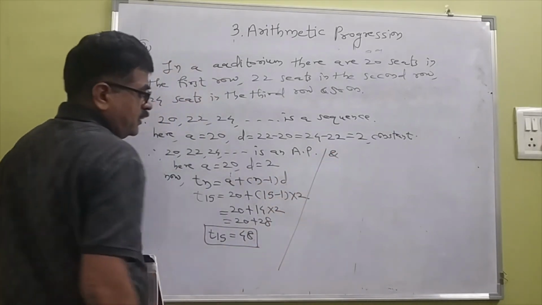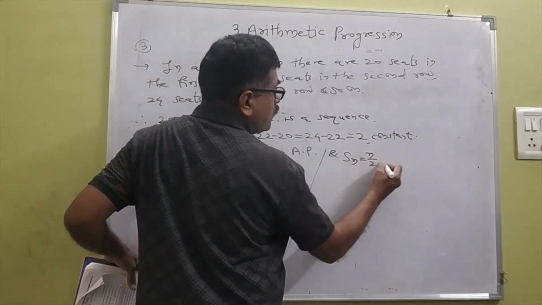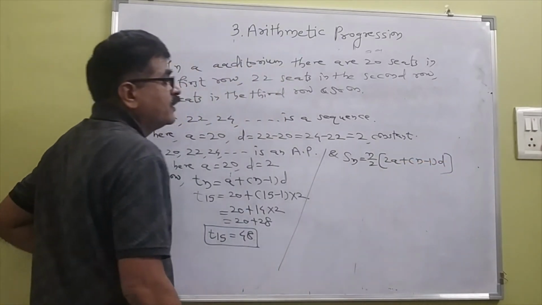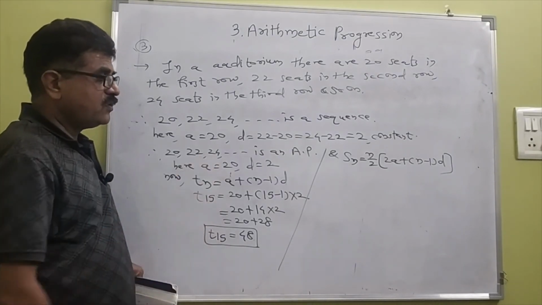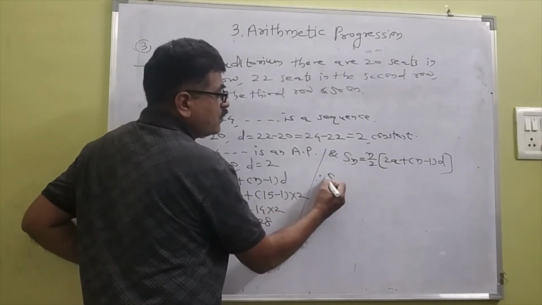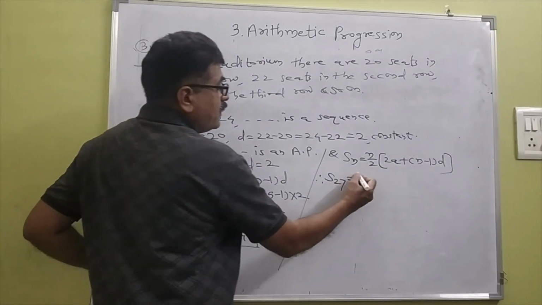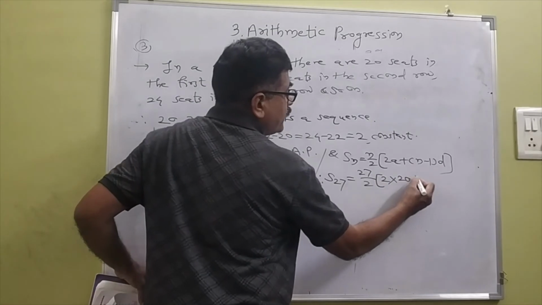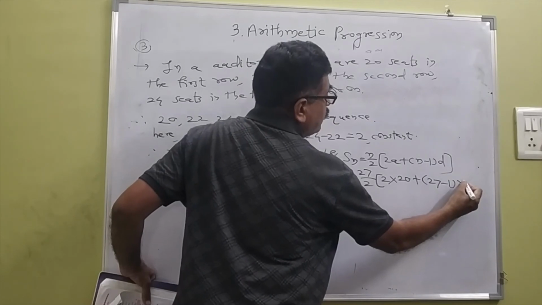Write down the formula for Sn: Sn is equal to n upon 2 into bracket 2a plus (n minus 1) into d. Now we have to find the total number of seats in the auditorium. There are 27 rows, therefore we have to find S27. S27 is equal to 27 upon 2 into bracket 2 into a, which is 20, plus (27 minus 1) into d, which is 2.